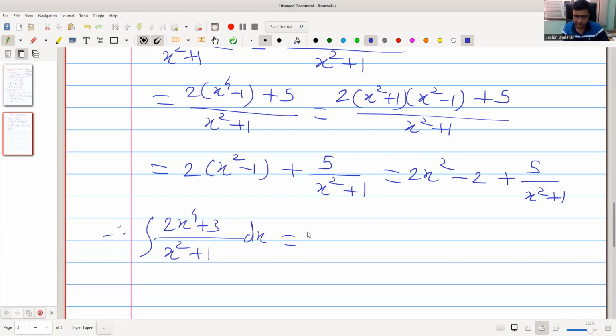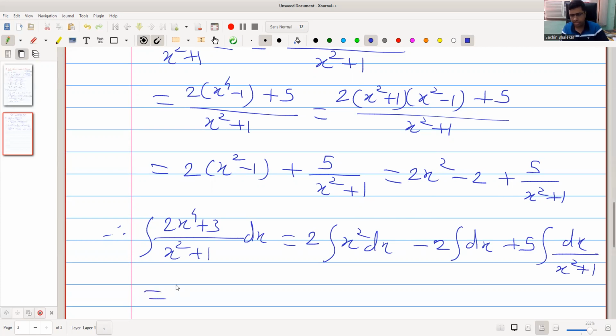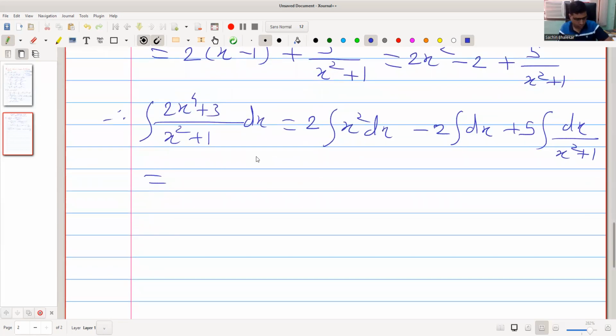We use linearity directly and write 2 times integral x square dx minus 2 times integral 1 into dx plus 5 times integral 1 upon x square plus 1 dx. And these things are easy. So it is 2 times integral x square, so it is x raised to 3 by 3, minus 2 times integral 1, it is nothing but x raised to 0.